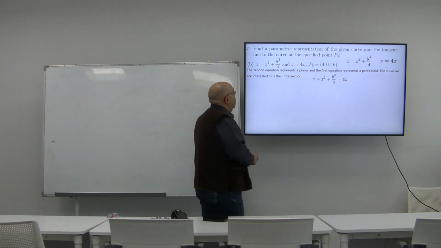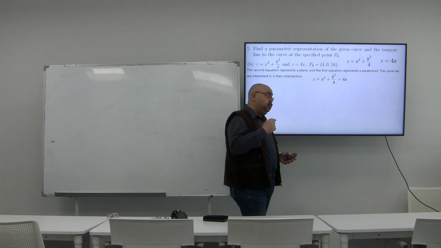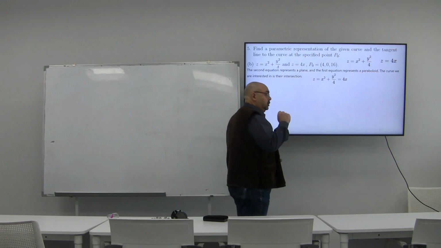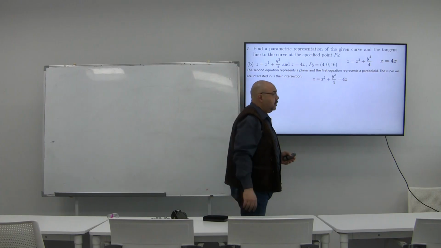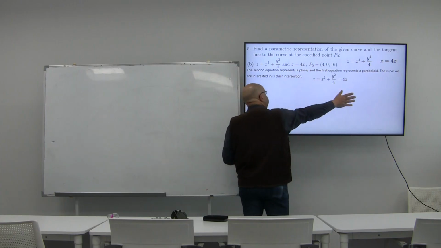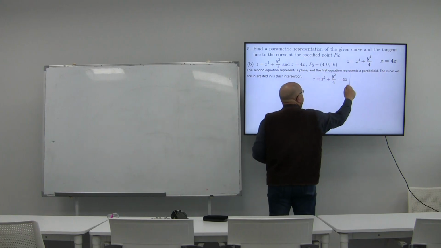There are other ideas. I will show you how to go through them shortly, but let's first finish this idea. Now I made the substitution as I told you. This is the equation that we are talking about, x squared plus y squared over 4 equals 4x.